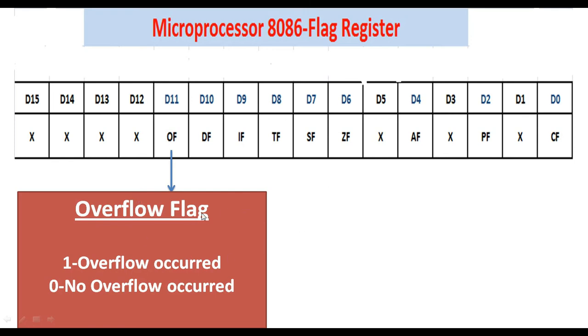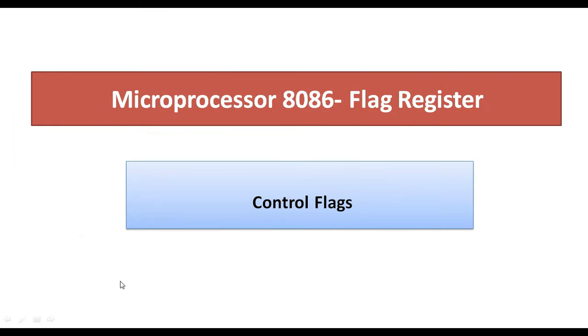So this result causes an overflow, or we can say if the result cannot be stored in D0 to D15, it requires another bit. Then if a carry is generated from D15, the overflow flag will be set, otherwise it is reset. Now we will see the control flags.